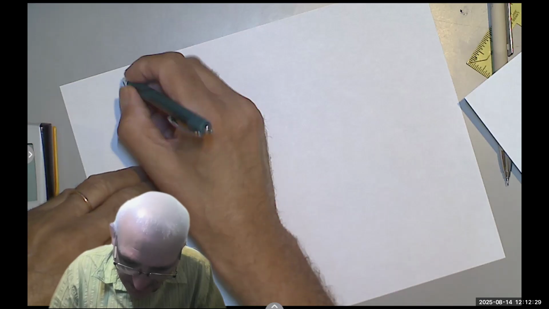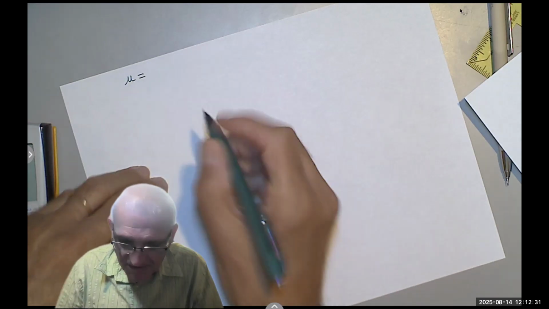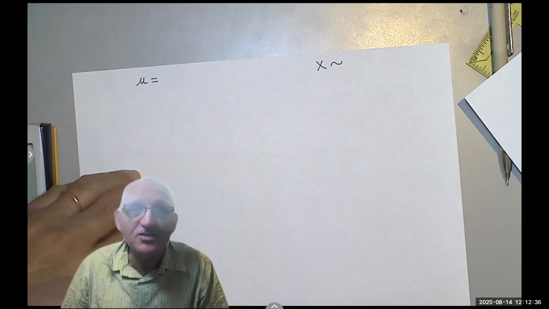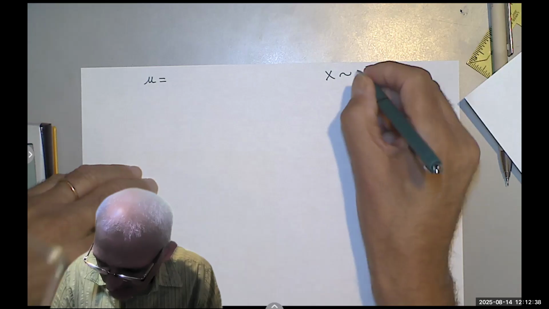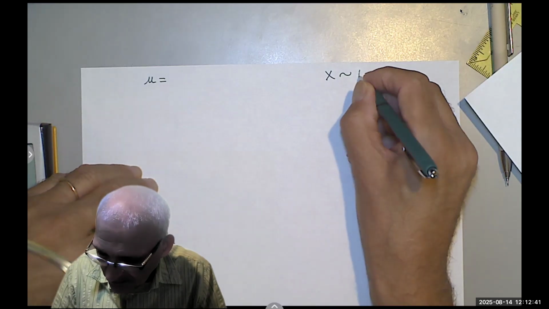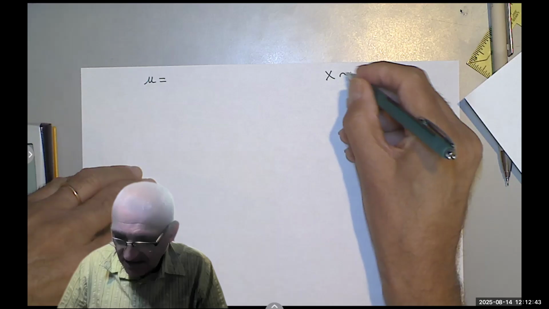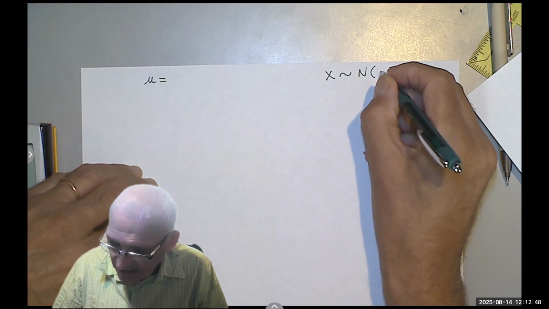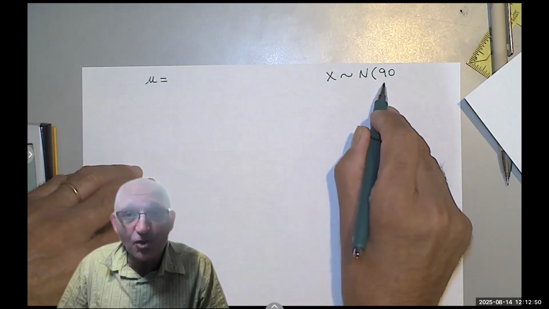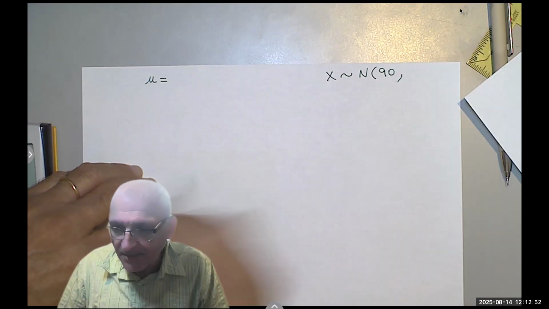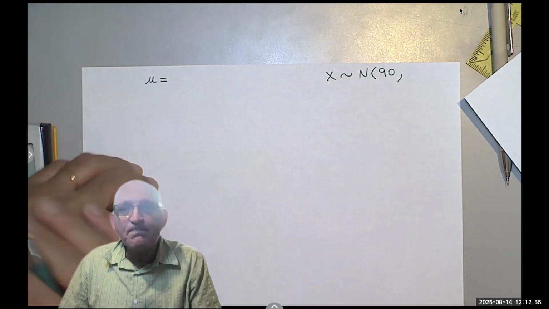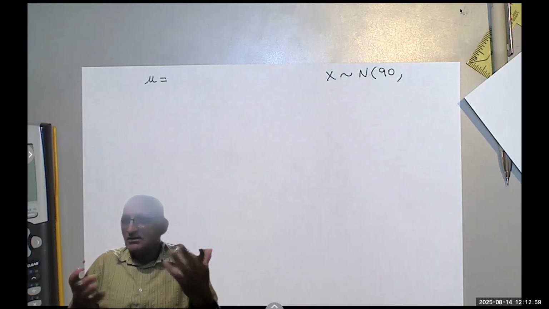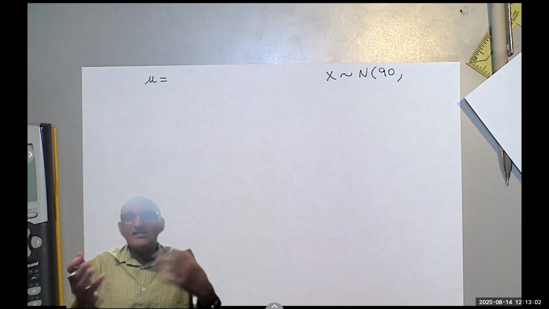Example, I have my x normally distributed. We write it like that, N. This is normally distributed with a mean of 90. The first number is always the mean. The second number is the variance. Many people, especially I saw it in management textbooks, use the standard deviation.